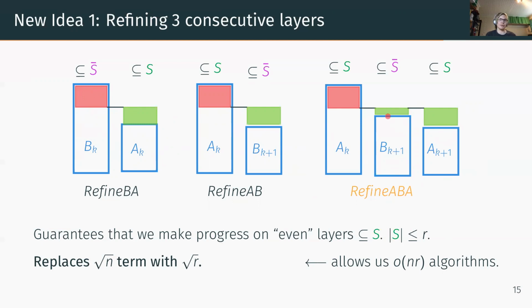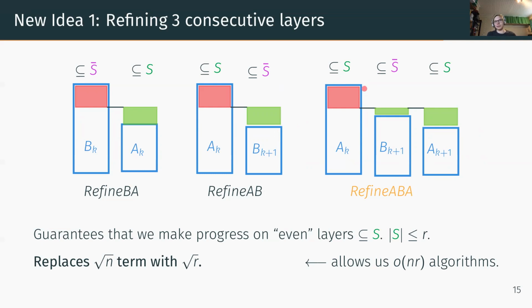And in the middle, we either remove or add some elements to match. So after this, all these 3 layers will match in size. And this will guarantee that we make a lot of progress on the even layers. Instead of things changing only in the odd layers, every other layer, we can now guarantee that every time we do this refinement procedure, a lot of progress happens in the even layers.